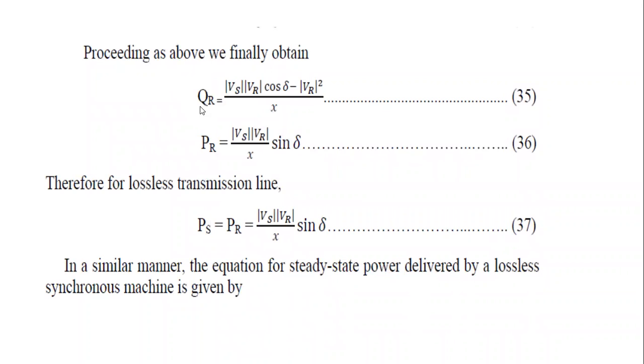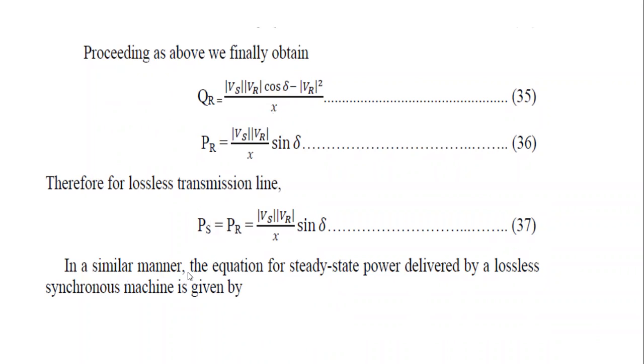Similarly, substituting, Qr is equal to Vs Vr cos delta minus Vr square by X, and Pr is equal to Vs Vr by X sin delta. Therefore, for a lossless transmission line, the sending end power is equal to the receiving end power.